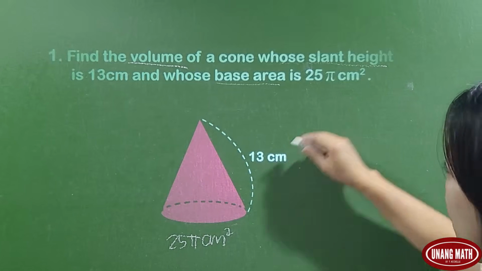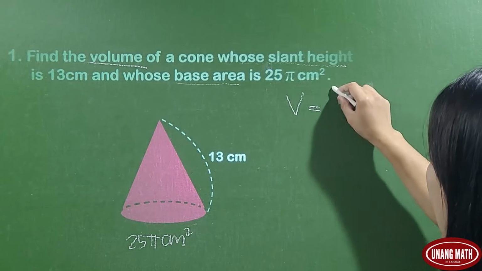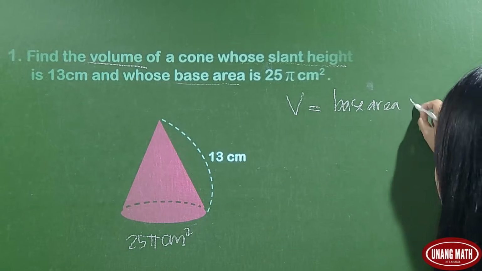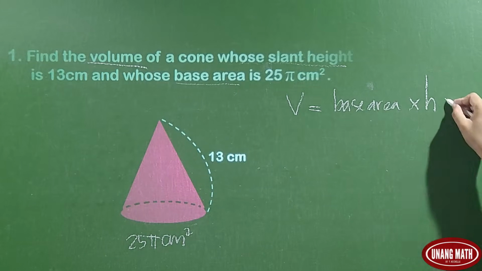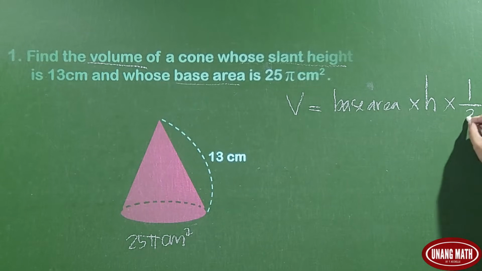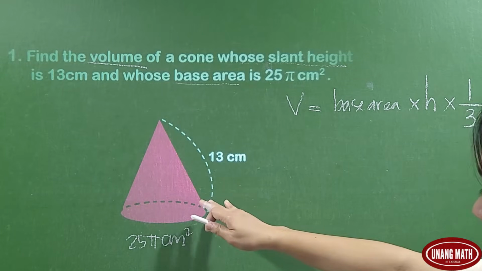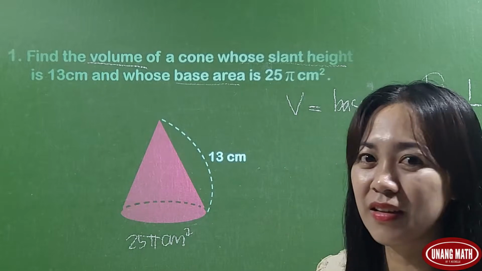Basically, to find the volume of a cone, we are going to multiply the base area times the height of the cone, and we will multiply this one by 1/3. But in here, the height of this cone is not given.